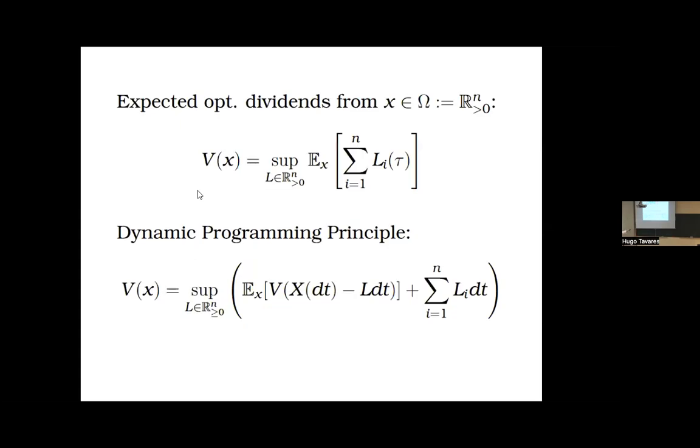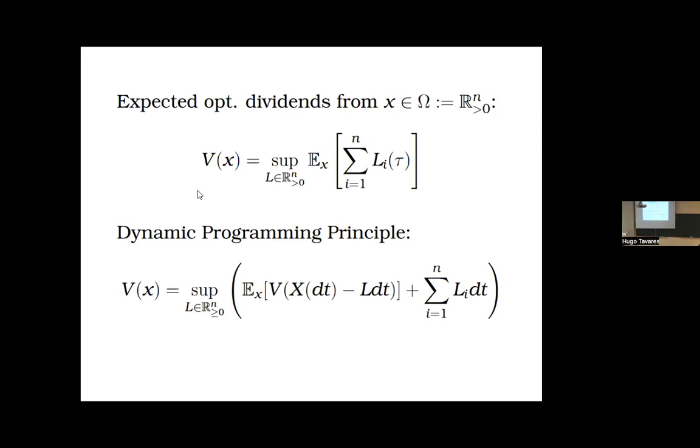Okay? So I'm paying this amount of money to people, and then we notice that you can compute the V by some sort of infinitesimal recurrence relation. If you know how V is an instant after, at every possible position, then you can compute V at the present. And this is called a dynamic programming principle.